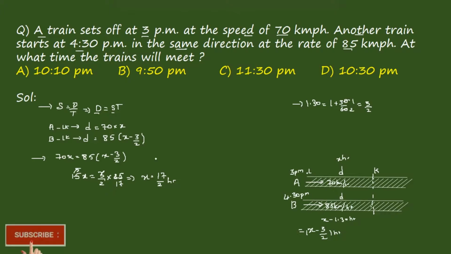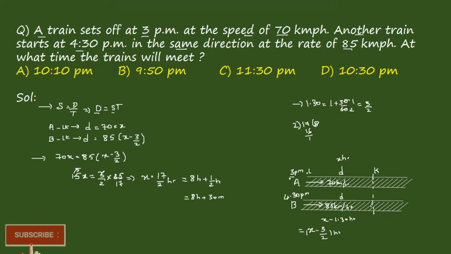If you want to correctly write it, if you divide it, it becomes 8 by 16 and 1, which is equal to 8 hours plus 1 by 2 hours, which is nothing but 8 hours plus 30 minutes. So A would be moving from L to K, time taken as 8 hours plus 30 minutes.